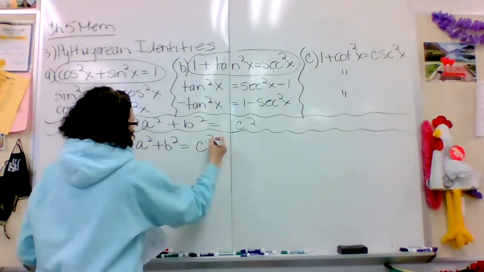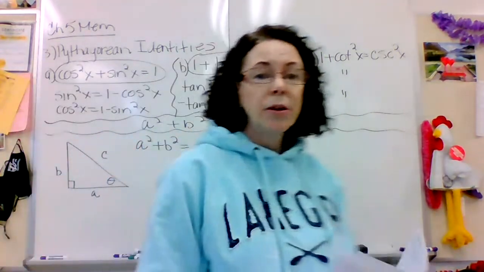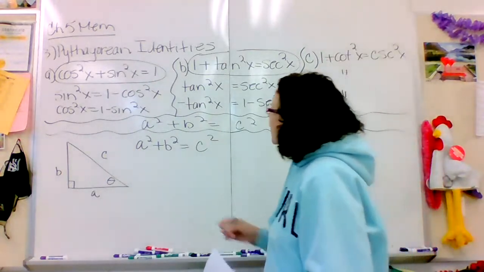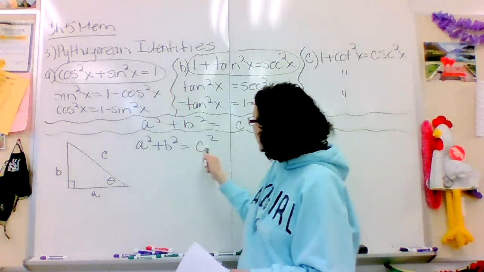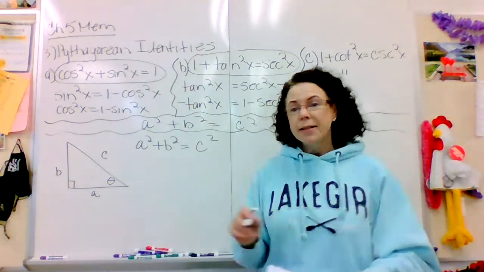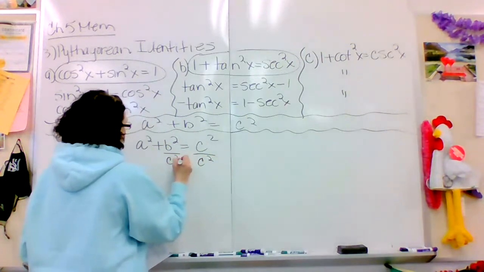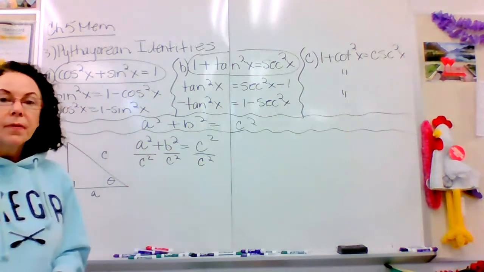And what we're going to do is each step we take is going to be true, and we're going to end up with cosine squared plus sine squared equals 1. Okay, so to the right of the equal sign, I need c squared to be 1. So if I divide it by itself, which means I have to divide everything by c squared to keep that equal, right?